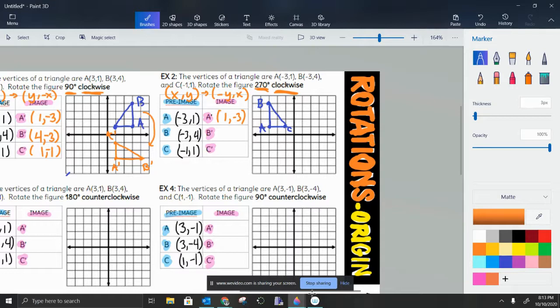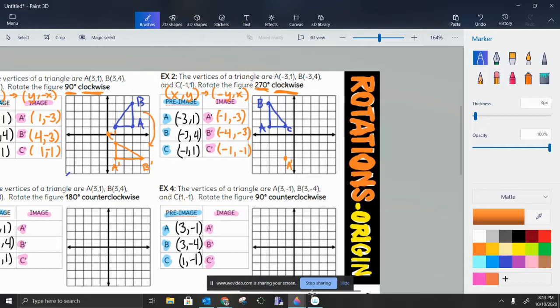And this time we're changing the sign of the first number. We flip the order for negative 3, and we change the sign of the first number. We flip the order 1, negative 1, and we change the sign of the first number. So we can go ahead and plot these. Negative 1, negative 3 is here, so there's A prime.